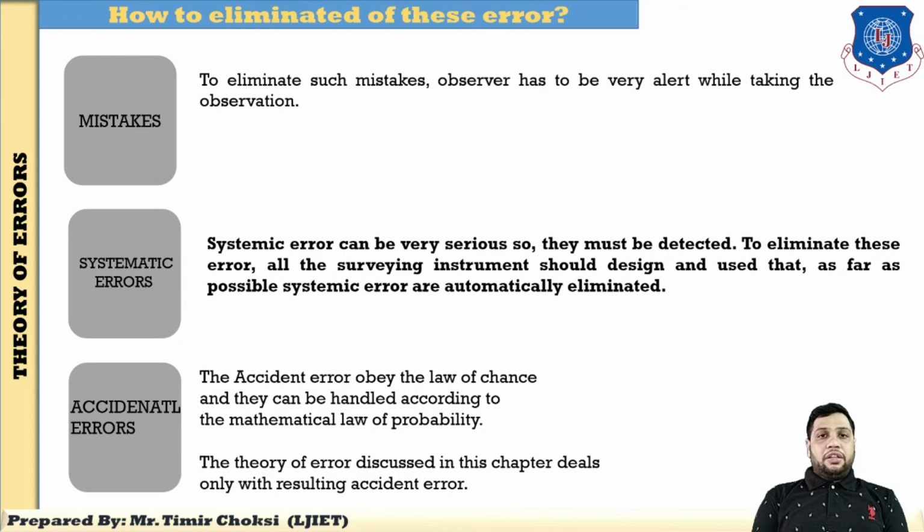For example, in a theodolite, finding the horizontal angle by the repetition method, I have already explained in the theodolite surveying session. There are two methods of finding the horizontal angle. In one, the observer takes the horizontal angle with the vertical circle in the face left condition, and then takes the horizontal angle with the vertical circle in the face right condition.